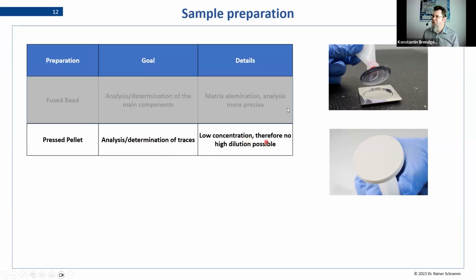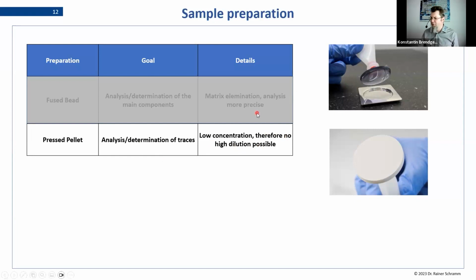And so we cannot use the fused bead preparation in that circumstance, because the high dilution of the fused bead would make it a lot more difficult to find these low concentrations of the traces. So in this case, the preparation of a pressed pellet gives us a better opportunity to determine the traces.